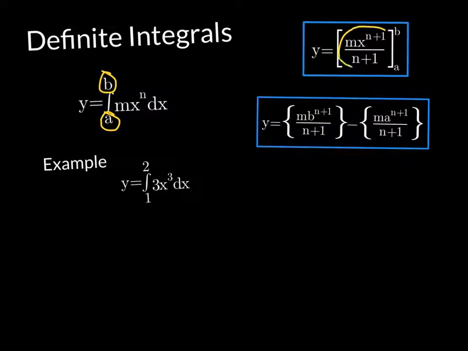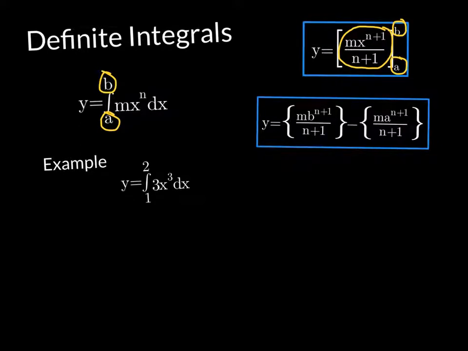So we add 1 to the power and divide by the new power. However, what we should do now is write that in a square bracket and then put our upper and lower limits of integration at the top and bottom of those square brackets.